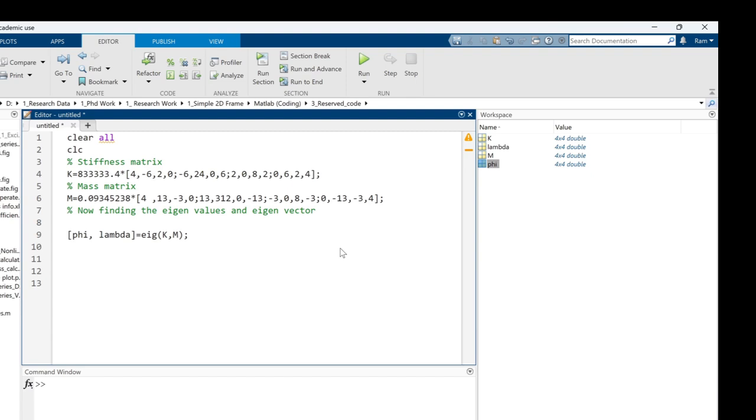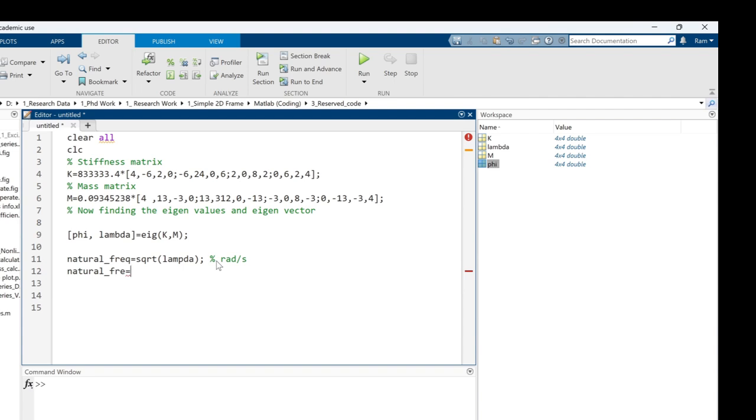If you want to find the natural frequency, it will be the square root of lambda, and it will come in radian per second. If you want the natural frequency in hertz, what do we have to do?